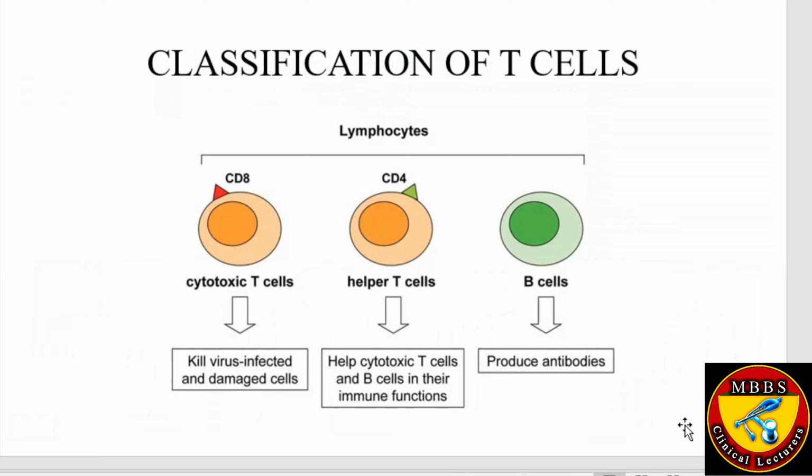Now comes the classification of the T cells. The lymphocytes differentiate into the T and the B lymphocytes. Then the T cell progenitors differentiate under the influence of the thymic hormones into T cell subpopulations.